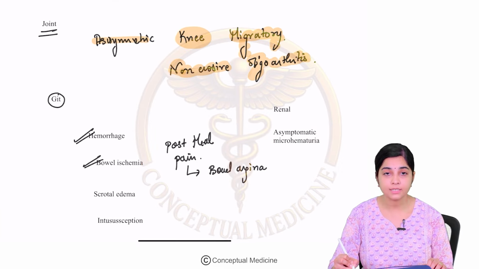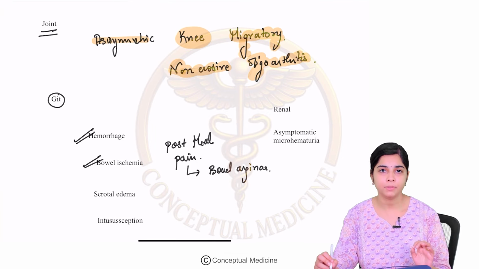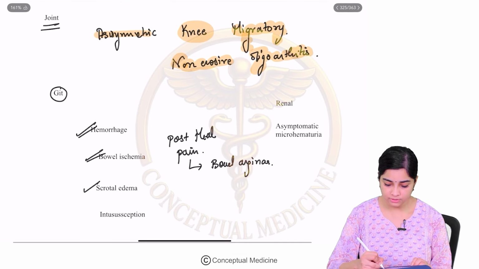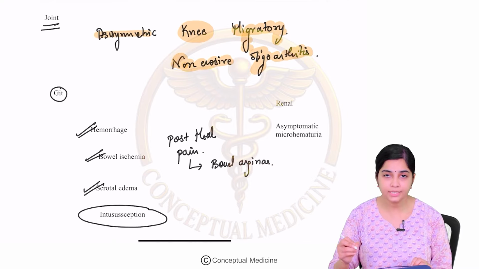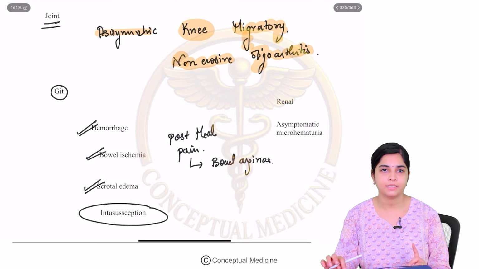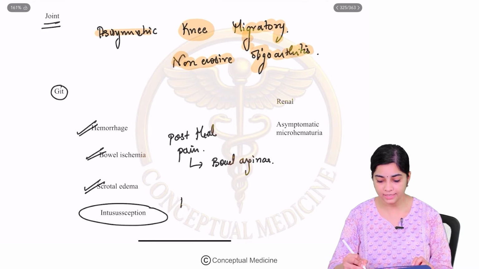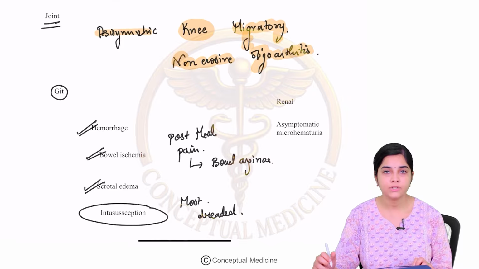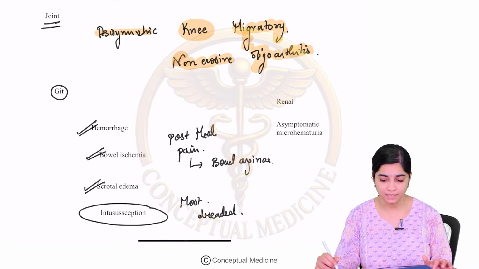These pains are aggravated post-meals. Then you can have scrotal edema, and the most dreaded complication, which has a very poor prognosis, is intussusception. So this is about the various GI manifestations.